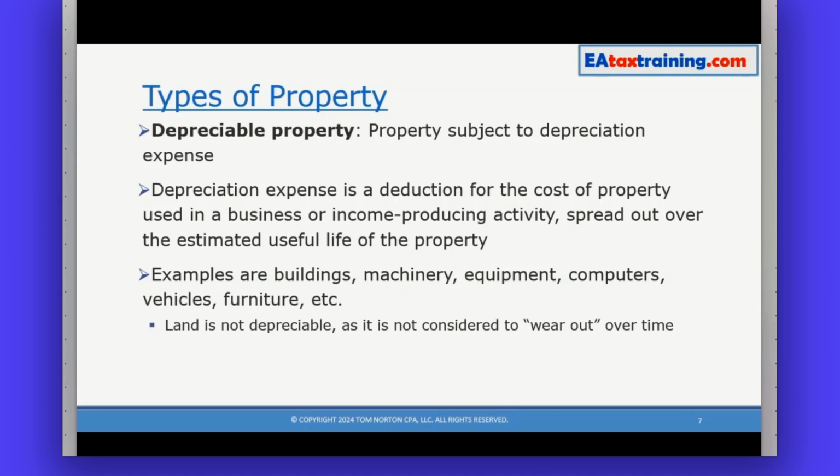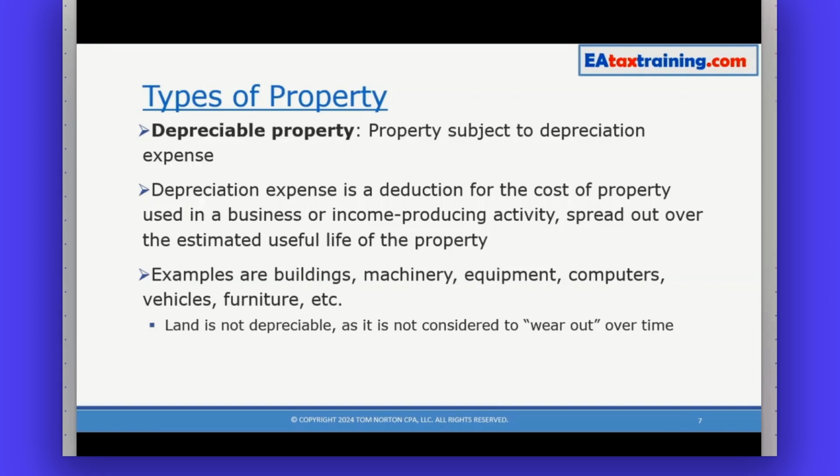But the tax code assumes that those small items you're going to use up within 1 year. So rather than depreciating those, you simply expense them. You take a deduction for them for a business. We're talking about a business expense here. You take a deduction for them in the year that you buy them.